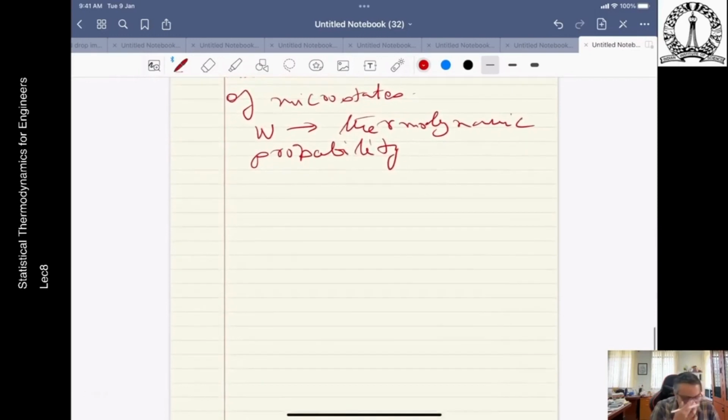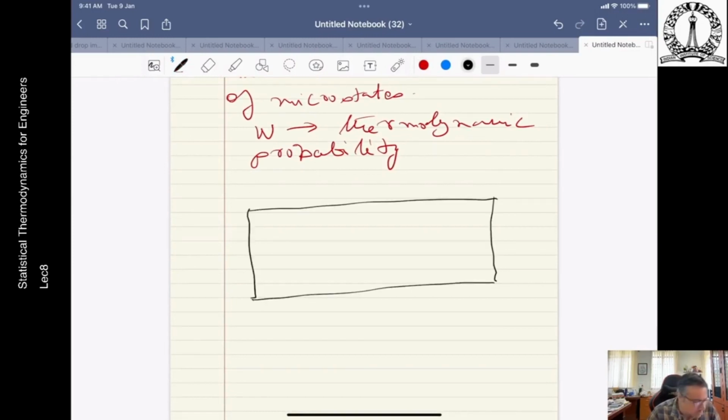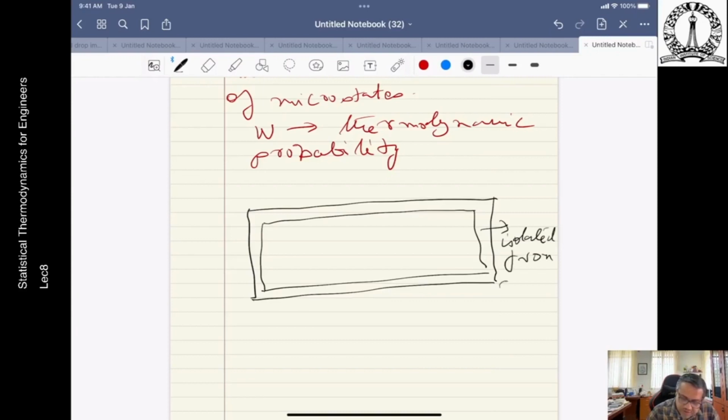Okay, so for doing that, let us assume this kind of a configuration. Let's assume that this is a chamber that is completely isolated from surroundings. So this has got a valve.